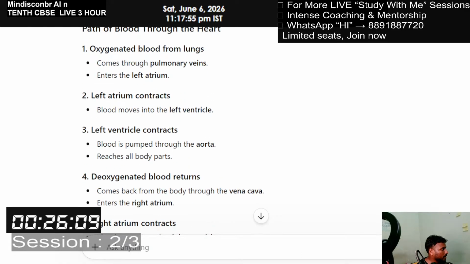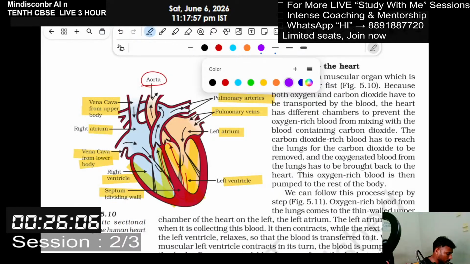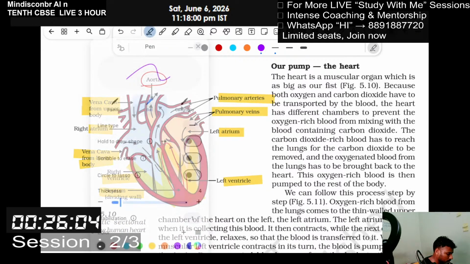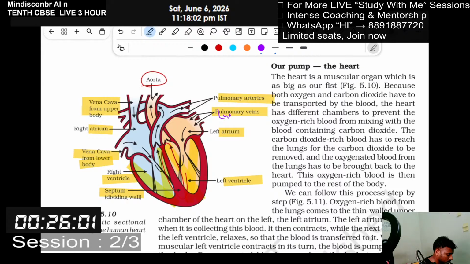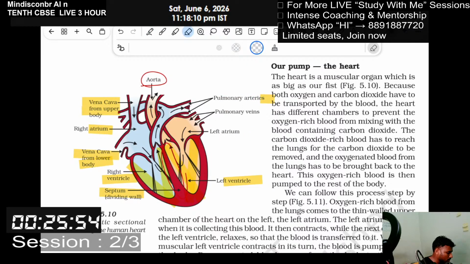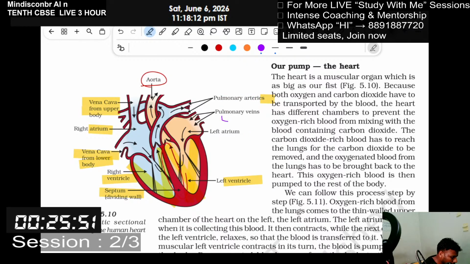Starting with the pulmonary veins, from lungs, the blood comes to the left atrium. From lungs, the coming blood will be oxygenated blood. So here you will get oxygenated blood in the left atrium.